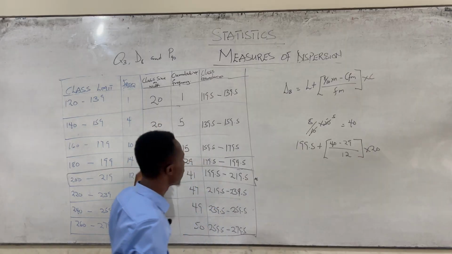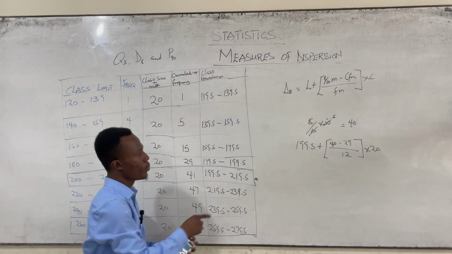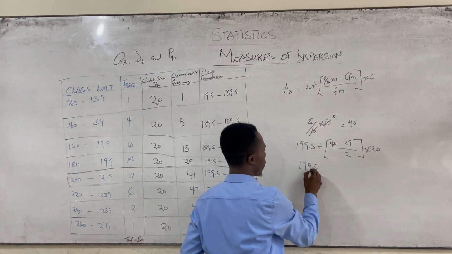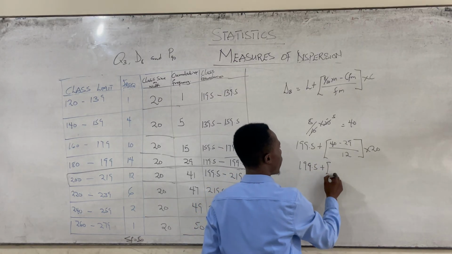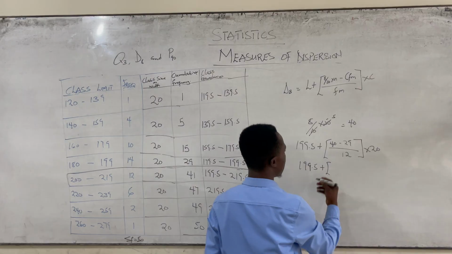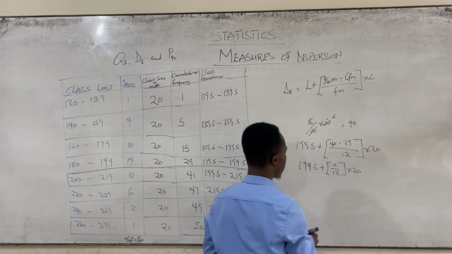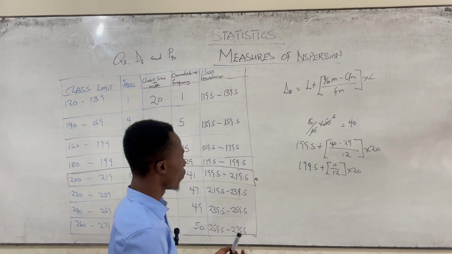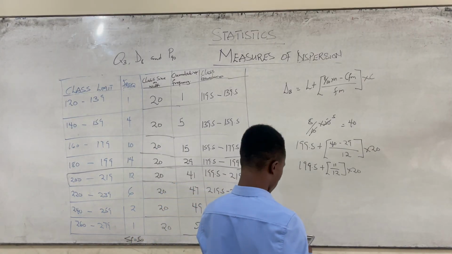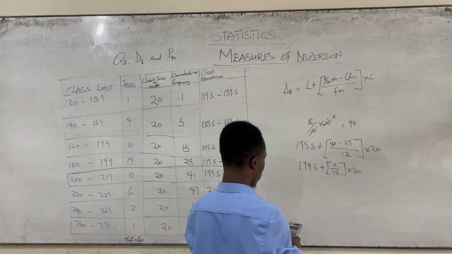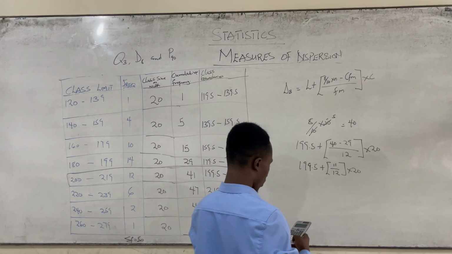That is our class size. Then we put everything on the calculator, or you can say 199.5 plus 40 minus this one will give you 11 over 12 times 20, right? Okay, so you have 199.5 plus 11 over 12 multiplying 20.